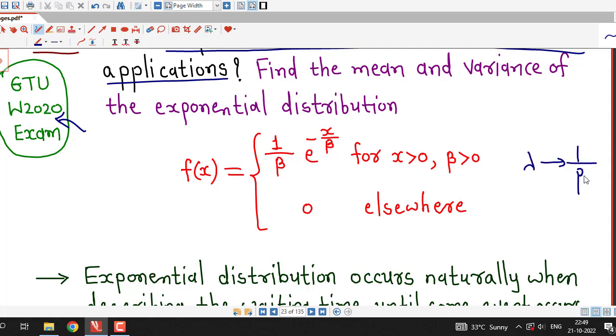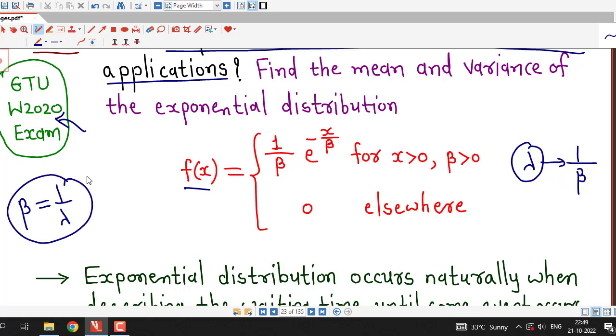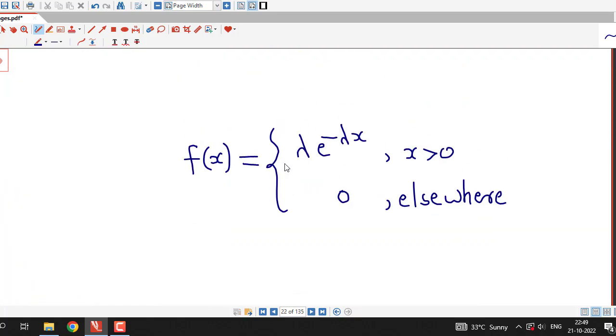So in some references, some people define the PDF of exponential distribution in this way also. We can convert this PDF into our PDF which we have defined in terms of lambda simply by taking beta equal to 1 over lambda, or we can convert this PDF in terms of beta simply by replacing lambda by 1 over beta.